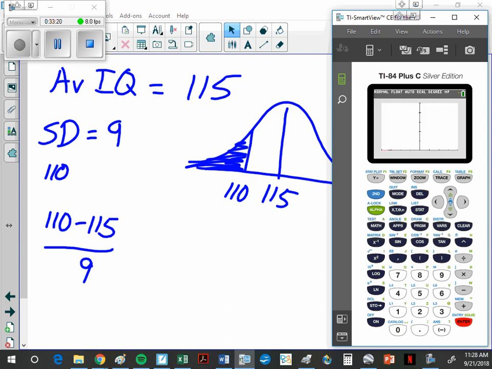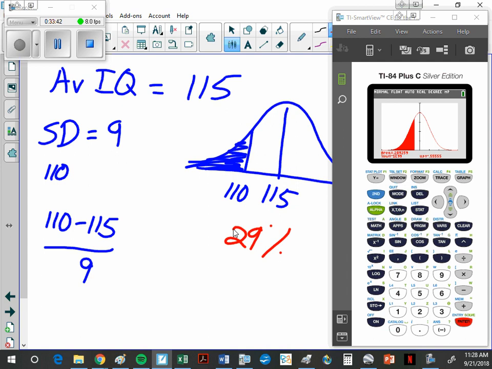I should get a left tail with a percentage of 29%. What does 29% mean? I'm in the 29th percentile, meaning my IQ is higher than 29 out of 100 people in this class.